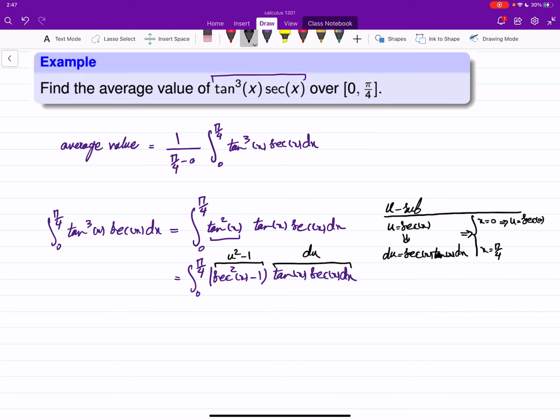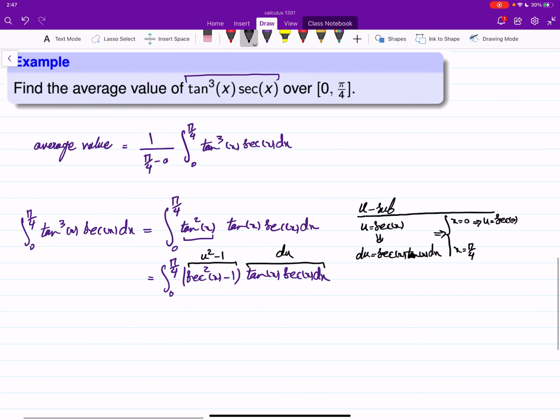Remember, secant is 1 over cosine. Cosine of 0 is 1, so 1 over 1 is 1. How about pi over 4? Secant of pi over 4 is 1 over cosine of pi over 4, which is 1 over root 2 over 2, and that will just give me root 2.